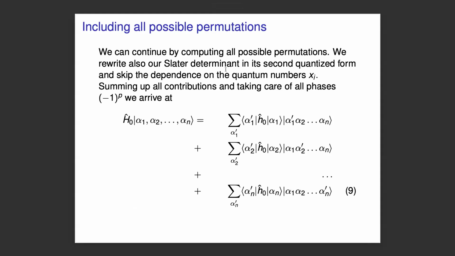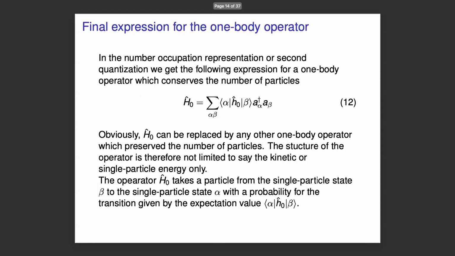And when you do that, you arrive at a compact expression for a one-body operator in second quantization, which is now given by an integral, which we leave undefined. In some cases, this single particle basis, so alpha and beta is a single particle basis, we can assume that that is an orthonormal basis, which is also an eigenbasis for H0.